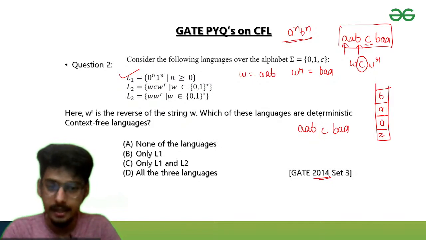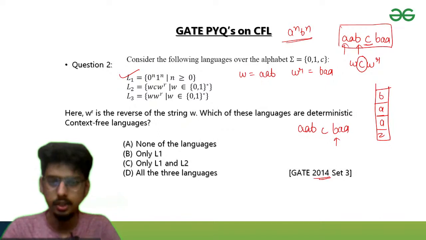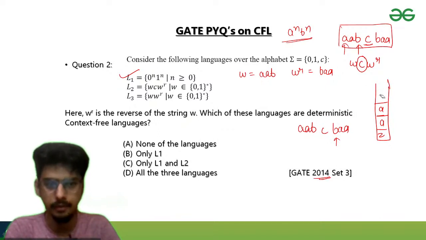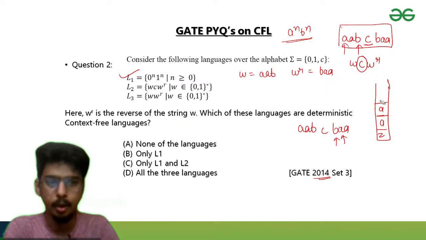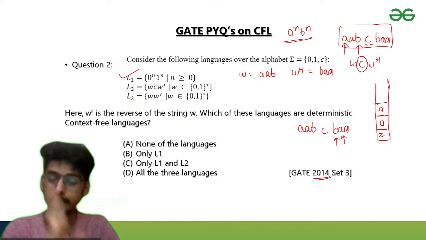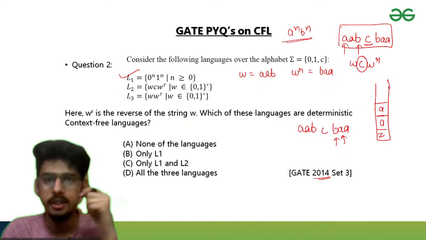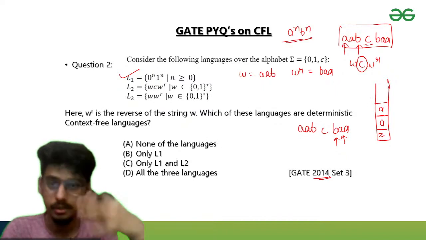But from here on, whenever I see a B and the top of the stack is B, I will pop the element from the stack. Whenever I see an A, I will pop A from the stack. Remember, if you are seeing an A, you will only pop an A because you are seeing the reverse of the string.